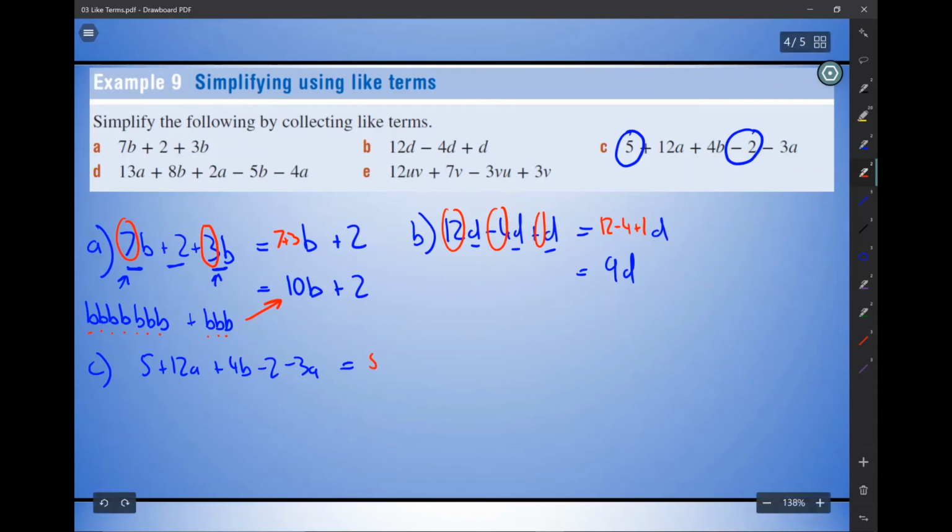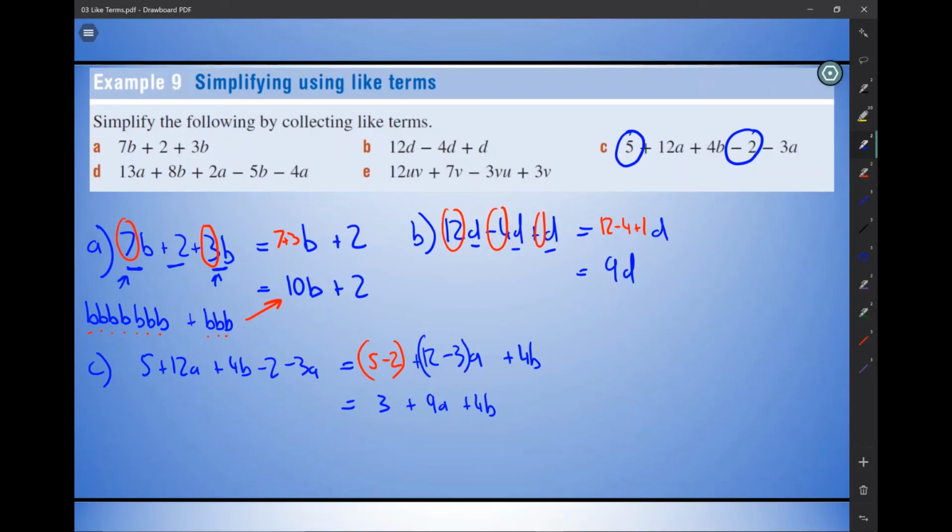We can have 5 minus 2 at the front here. And then we've got 2 a terms, plus 12a minus 3a. And then there's only one b term, so it has to stay the same. So this is going to end up as 3 plus 9a plus 4b.